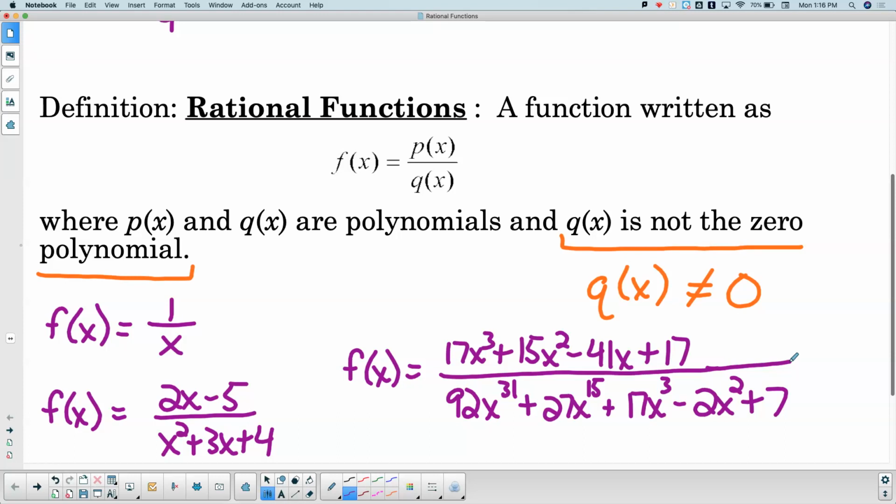Whether it looks nice and easy like 1 over x, or like that nasty thing over there on the right, everything's going to be treated exactly the same.